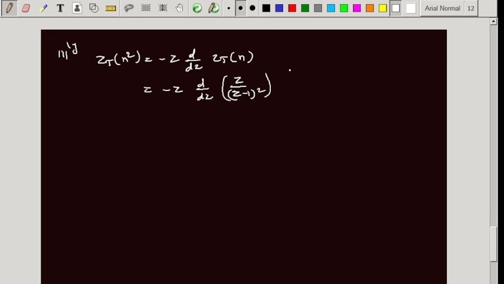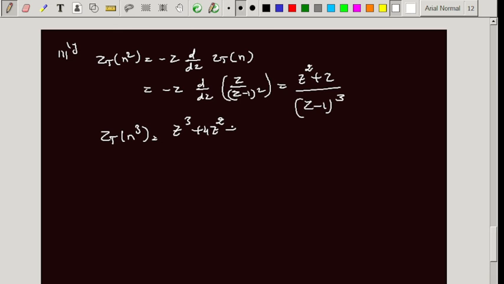If we simplify this, we get the answer z square plus z divided by z minus 1 whole power 3. Similarly, z transform of n power 3 we can write as z cube plus 4z square plus z divided by z minus 1 whole power 4.